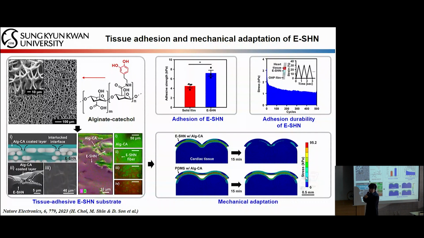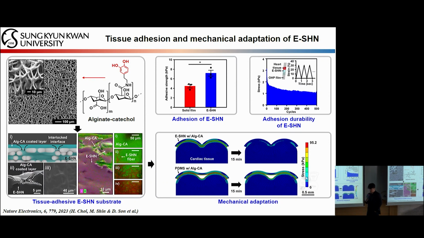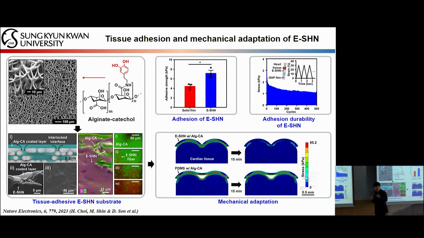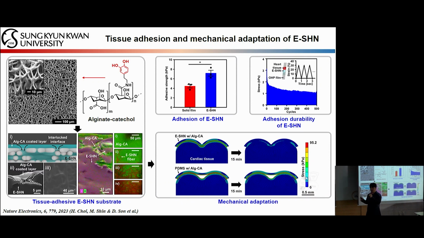Also, generally, it's difficult to form a hydrophilic hydrogel material on top of a hydrophobic elastomer layer. So to resolve this, we coated alginate catechol, a highly viscous hydrogel, on top of the network structure of the self-healing polymer.